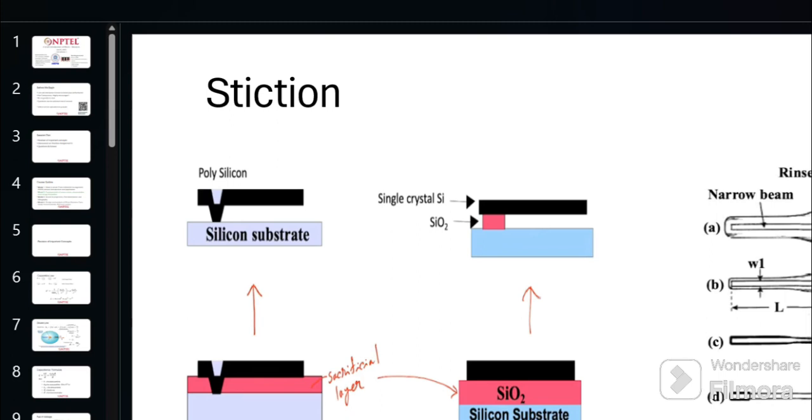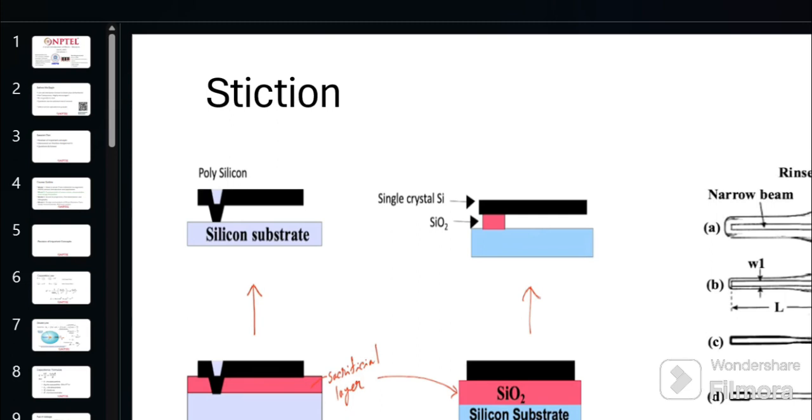Once the sacrificial layer is etched out, some fluid will still be left, and that fluid will try to pull the structure downwards. That causes static friction while etching out the sacrificial layer.